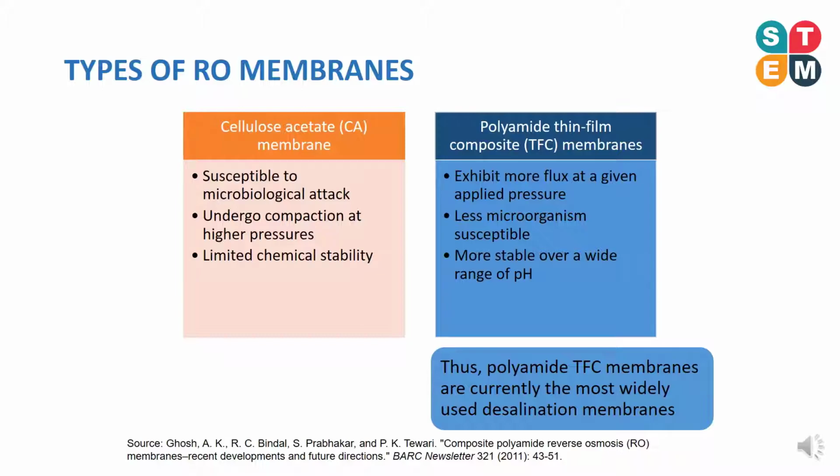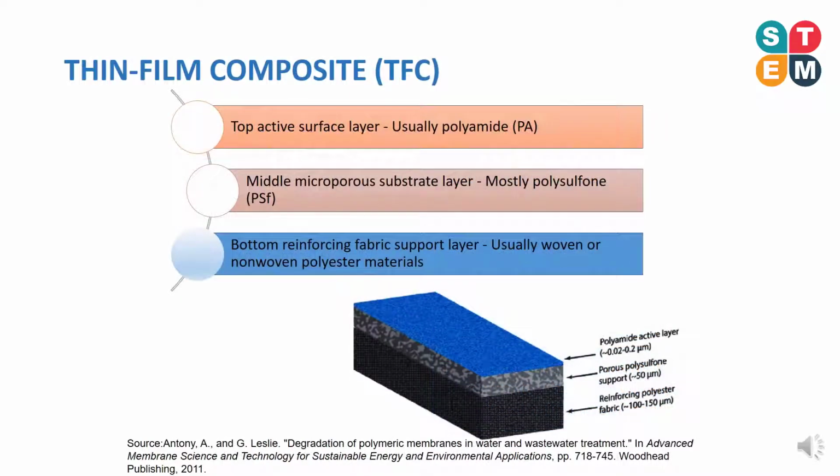For example, they exhibit more flux at a given applied pressure, they are more stable over a wide range of pH, and they are also less susceptible to microbial attack. Therefore, these polyamide thin film composite membranes are currently the most widely used desalination membranes.